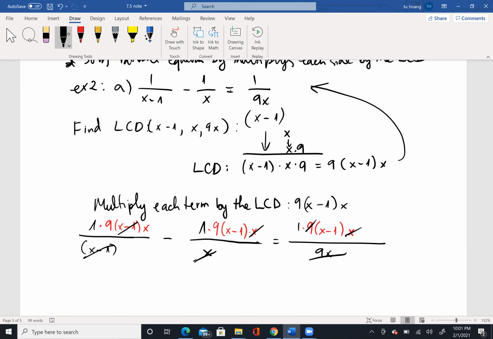So I will have 1 times x times 9, which is 9x. For the second term, it is 1 times 9, which is 9 times x minus 1. And the last term will be x minus 1.